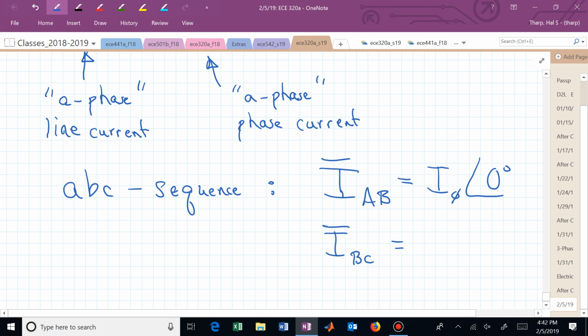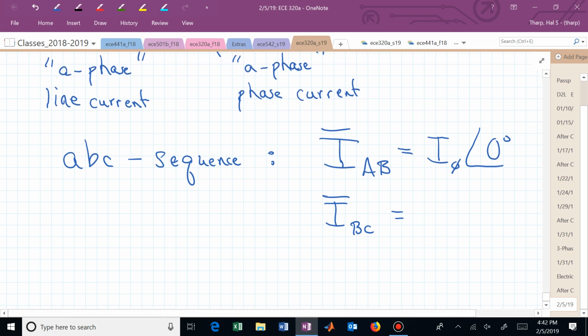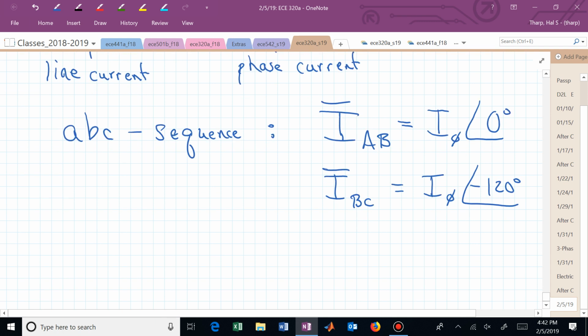That's the B phase current, and if they're forming a balanced set of currents, they have the same magnitude, just differ in angle by 120, and this is the B phase, so it's at minus 120 degrees, and I sub CA is 120 degrees.